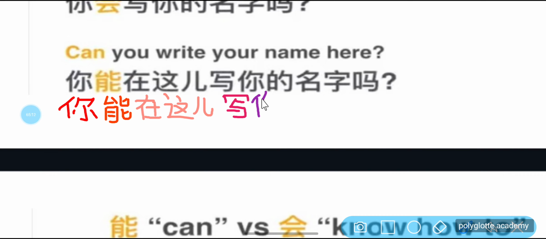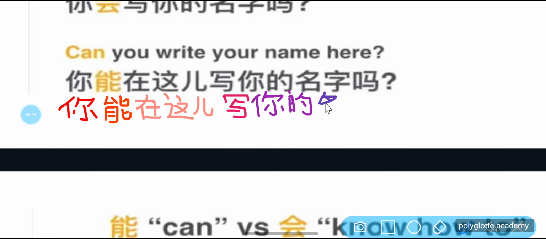You first write this character, then you go down to the next character, then after that you have de. So we have 你的名字.